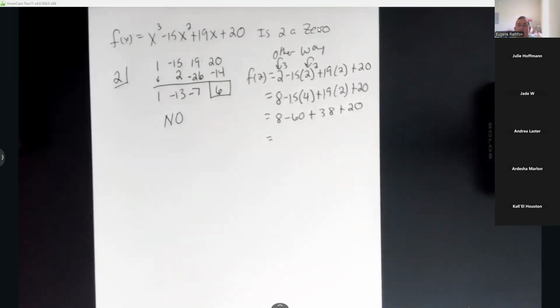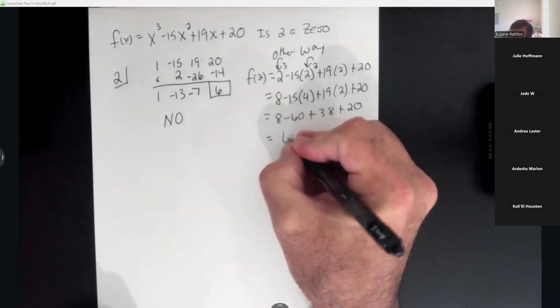All right, y'all, let's add all that up. We should get a 6 out of that, so let's see. We got 8 minus 60 plus 38 plus 20. And when you push that all in, you get 6.